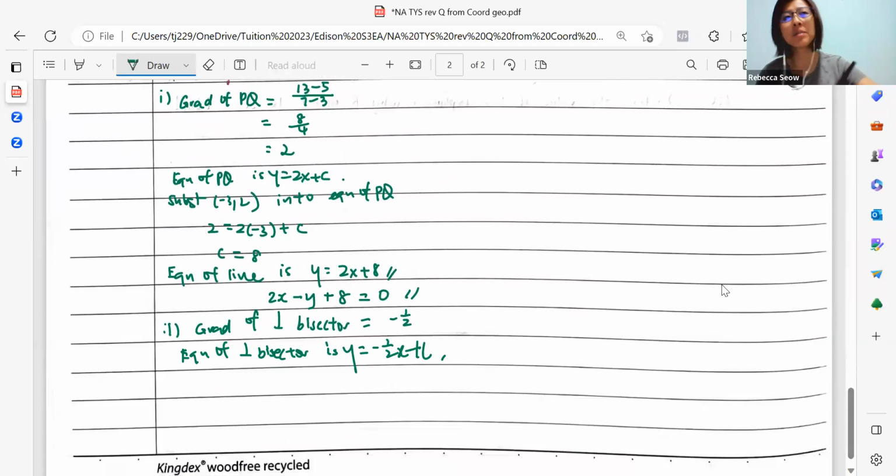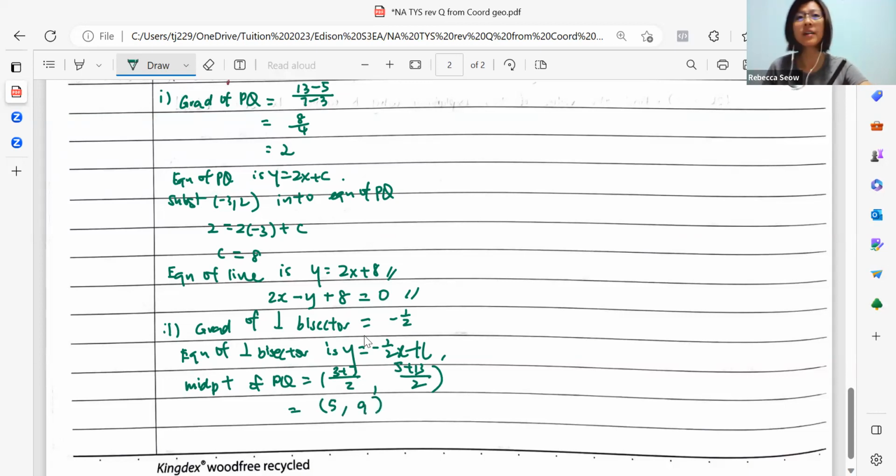Okay, so let's find midpoint of PQ. Apologies. So 3 plus 7 out of 2, 5 plus 13 out of 2. Okay, 5,9. So we should be able to find the equation of the perpendicular bisector already.